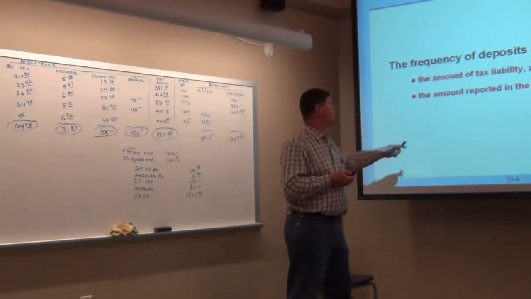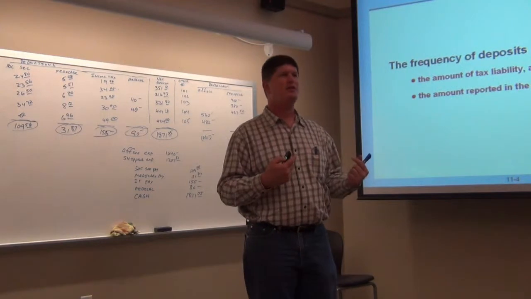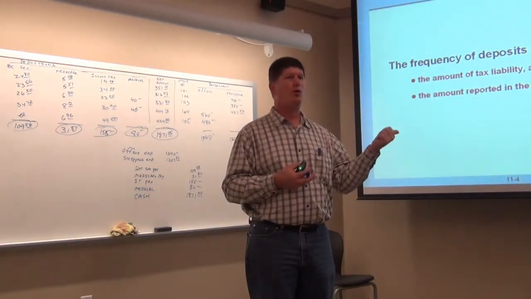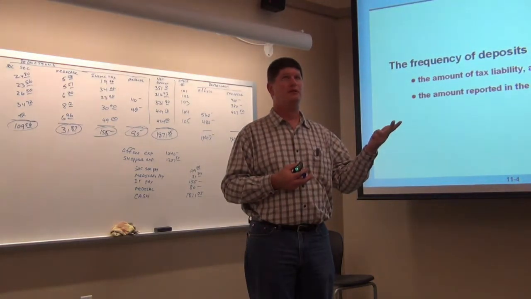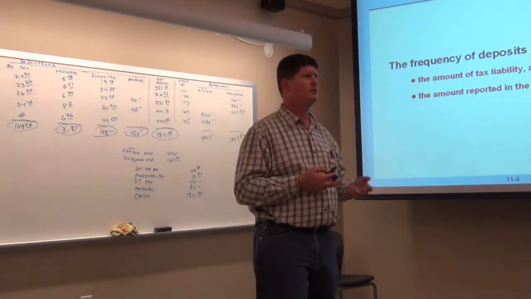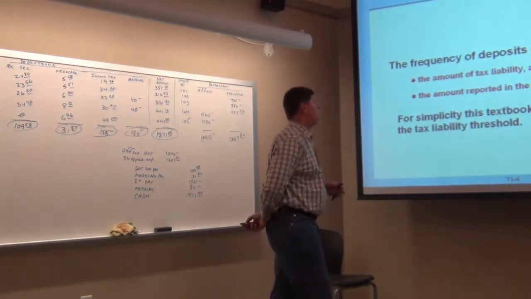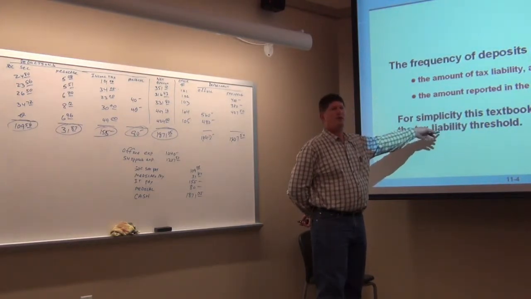They use what's called a look-back period. In essence, they look at the previous year and they see which of those 3 categories you fall into, and they tell you you're a quarterly, monthly, or semi-weekly, I think it's called semi-weekly depositor. Okay? So they look at the prior one. The tax liability threshold is still $2,500.